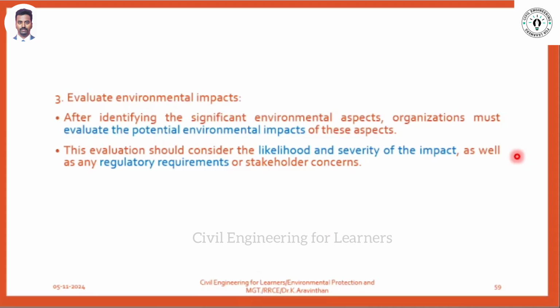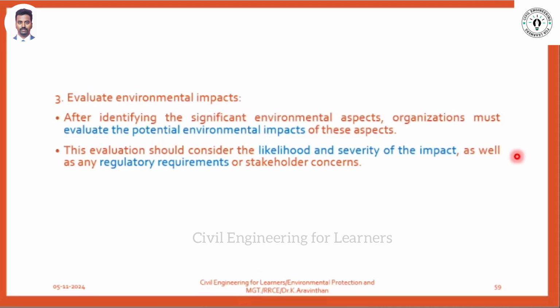See, if you are disposing of plastic, immediately the environment will not be harmed. But after thousands of years, this will impact. That is called likelihood. Certain things will happen immediately. Global warming will happen in 100 years. If you do something this year, only after 100 years might it affect the environment.